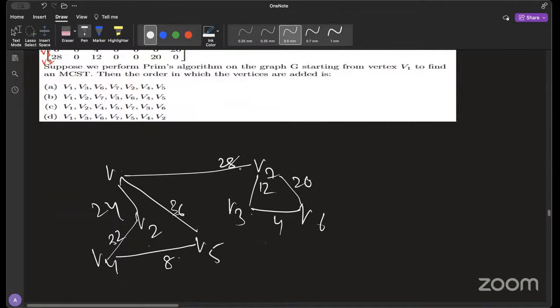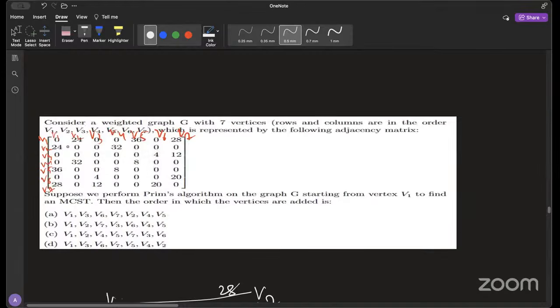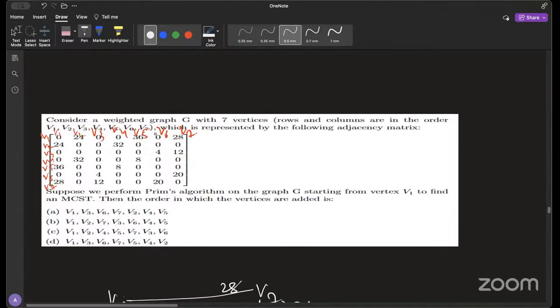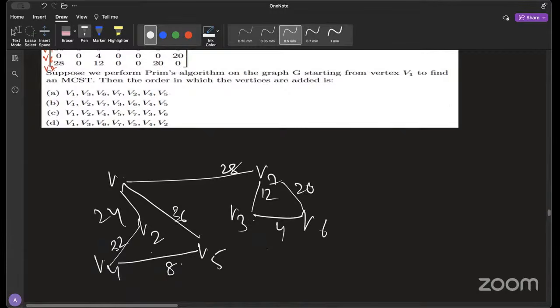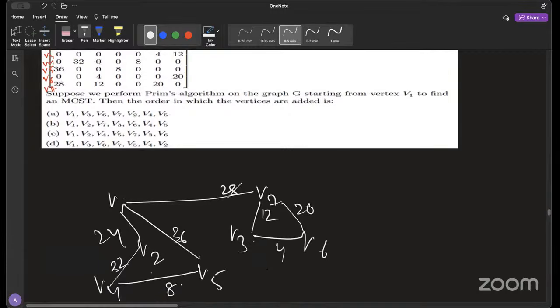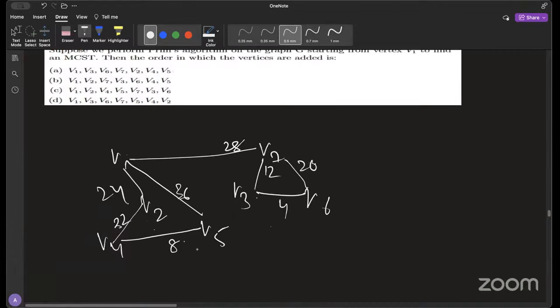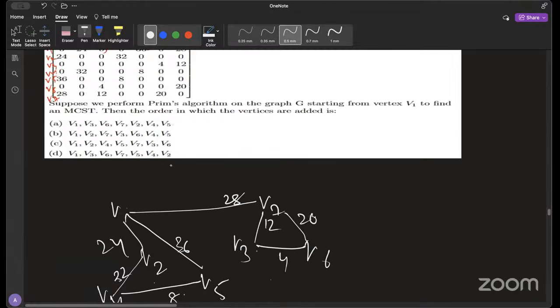Let's check how many entries are non-zero here: 1, 2, 3, up to 16. Here we have 16 non-zero entries, and because it's an undirected graph, only eight edges will be there. Okay, so this is correct graphically.